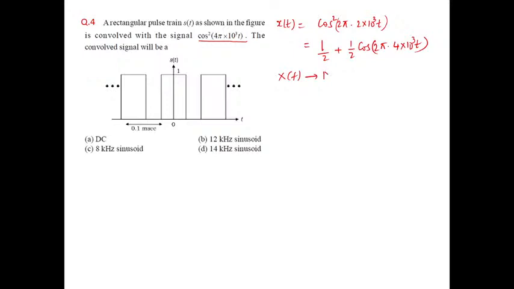The frequency components are the DC component, and the other frequency component is 4 kilohertz. So, these are the frequency components present here. Right. Now, a rectangular pulse train, as shown in the figure, is convolved with this signal. The convolved signal will be a.